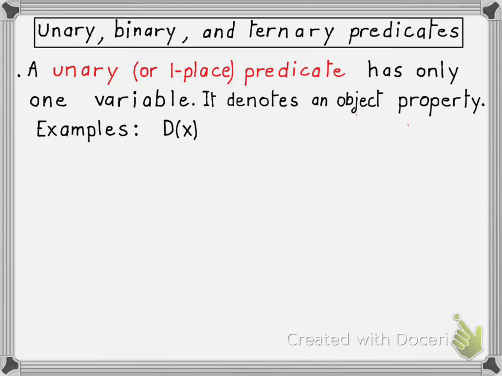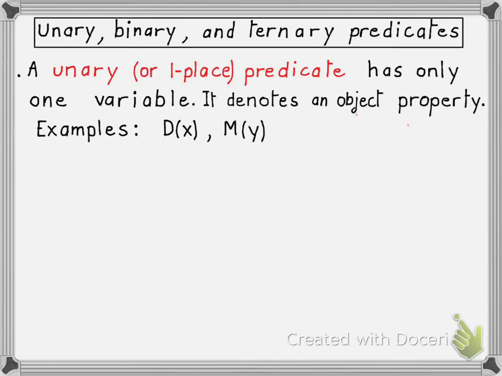Remember the predicate d of x from the previous segment, where d is the predicate, x is the variable. And if we state d of x, then we mean that x is a dolphin. Here's another example of a unary predicate, m of y, which we're going to need in our running example.